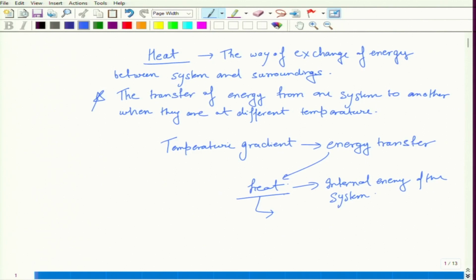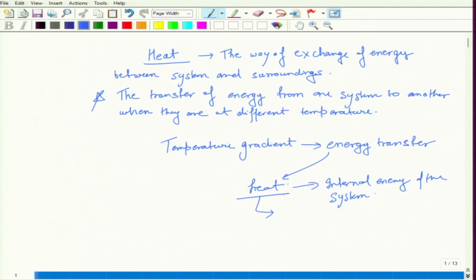You can feel it when some body is at higher temperature. If you touch a hot object, there is a transfer of heat, and due to this you feel hot. That hotness is due to the energy stored inside that body, because it is at higher temperature. So the concept of heat is that you only feel it.